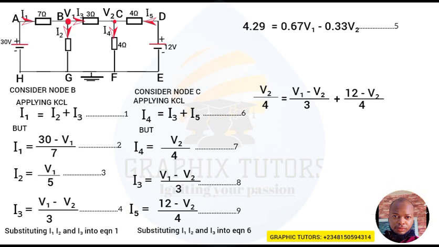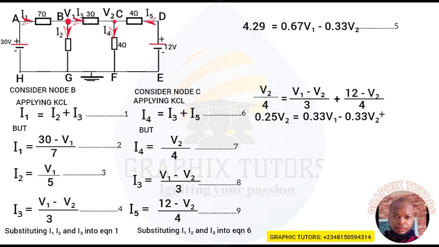Now, I will apply the same thing here. The coefficient of V2 here is 1. So 1 divided by 4 is 0.25 V2 equals to coefficient of V1 here is 1. 1 divided by 3 is 0.33 V1. And the coefficient of V2 here also is 1. 1 divided by 3 will give me 0.33 V2. Remember there's minus in between.